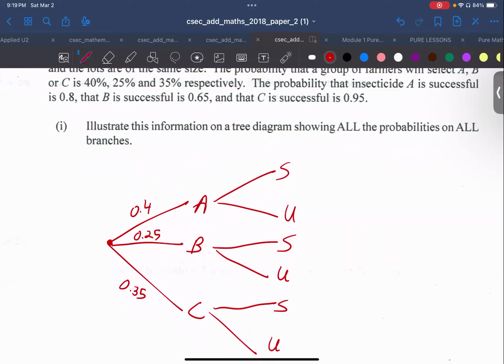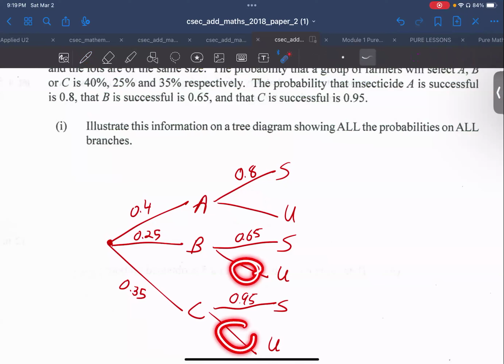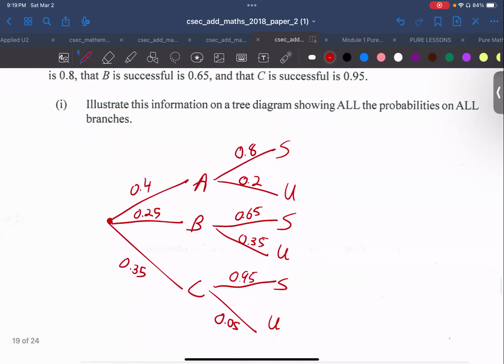So this will be 0.8, 0.65, and 0.95. What value would go here, here, and here? Somebody tell me. 0.2. 0.2, right? Then 0.35. Last one, 0.05. Good. So notice here, that's your tree diagram.